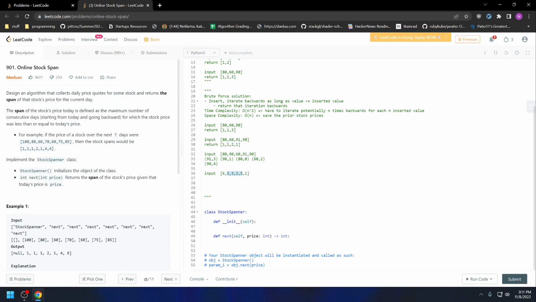I don't see an easy way, because if I were to insert a 6 here, how do I know that all the numbers here are all less than 6?